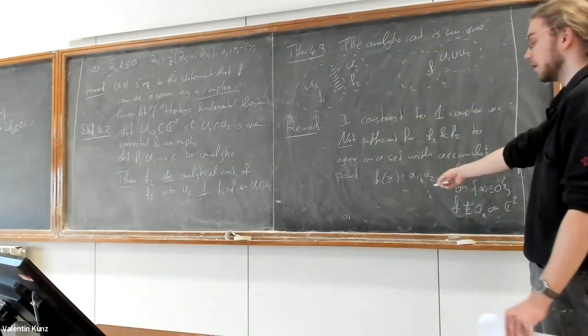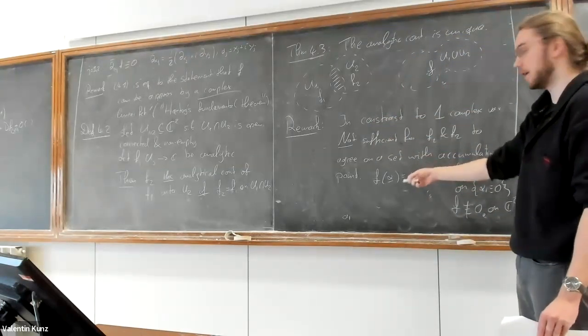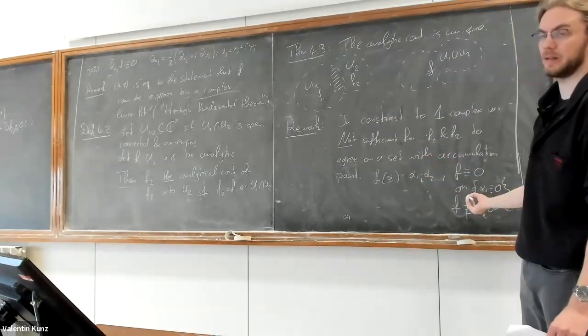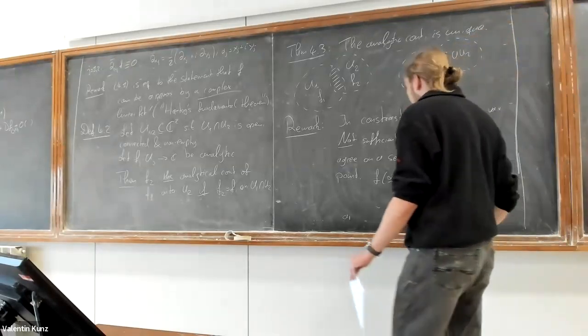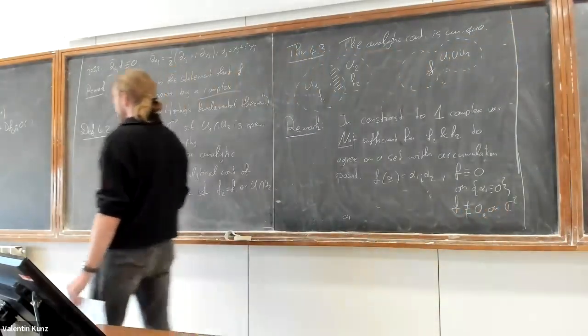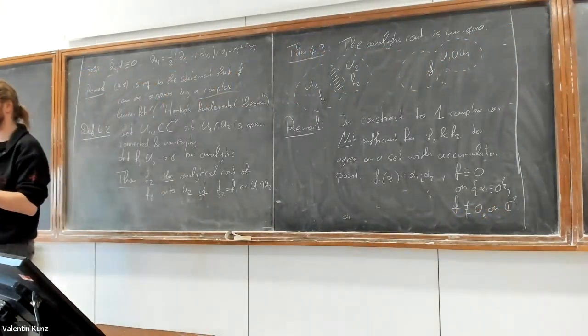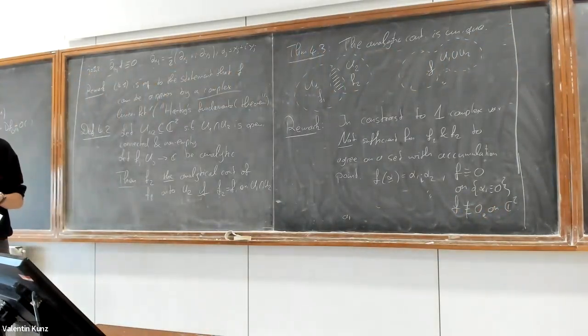But when it's open, it works. And of course, these planes are not open in C squared. This is also not the full story, as you can relax the conditions that you need on the intersection. In fact, I think this is a whole area of mathematics that studies when you can extend holomorphic functions. Complex varieties are part of algebraic geometry.